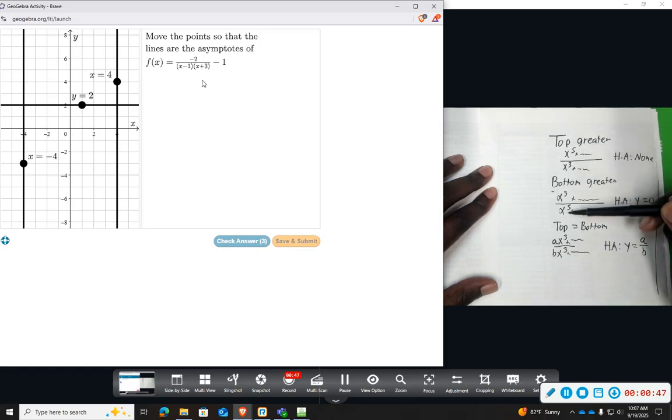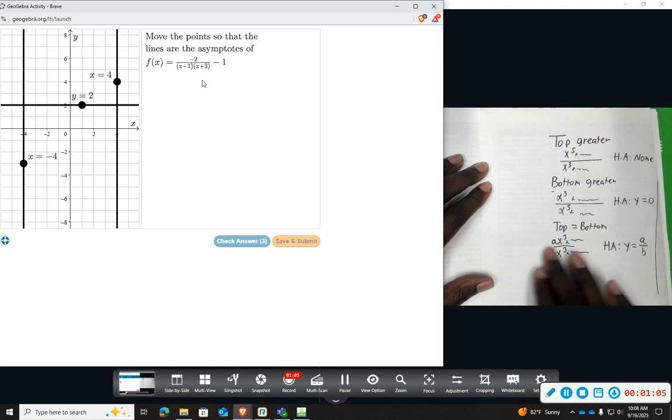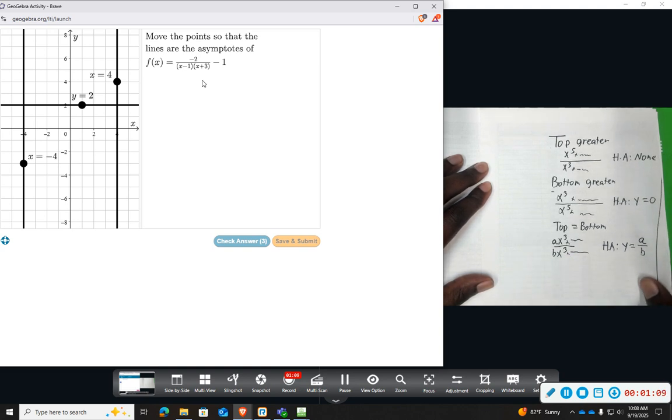If the degree on the bottom is greater, so you can say the top is smaller than the bottom, then our horizontal asymptote is y equals 0. And if the top and the bottom are equal, our horizontal asymptote will be the ratio of the coefficients of those two exponents. So this is going to be like a reference when we're trying to find asymptotes.